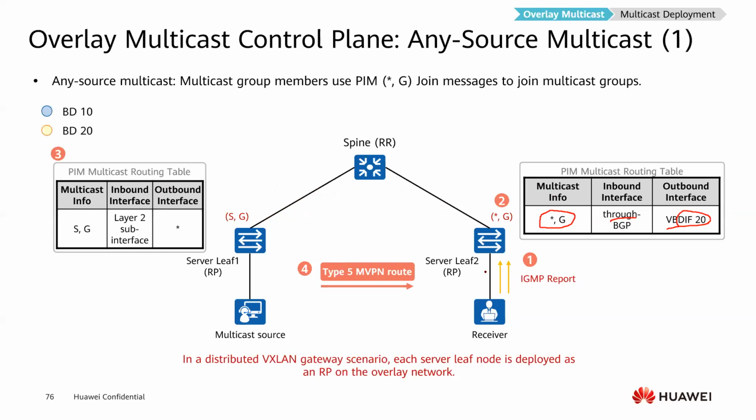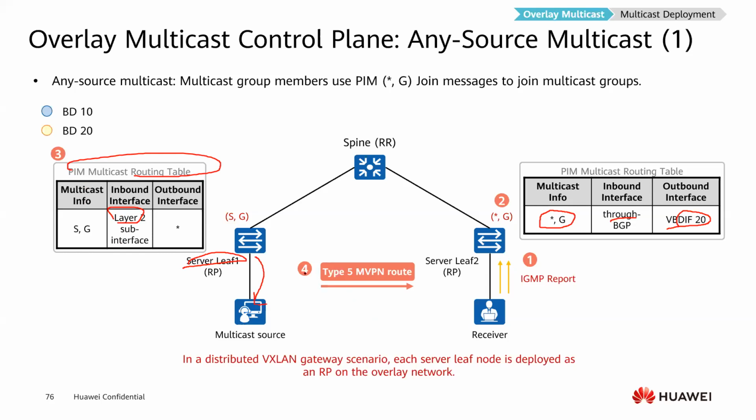And for the RP, it will also construct a PIM multicast routing table, all right. And the inbound interface is a layer 2 sub-interface, connected to the PIM source.